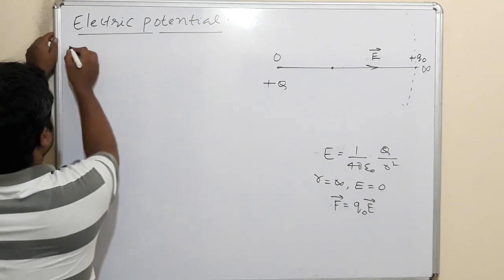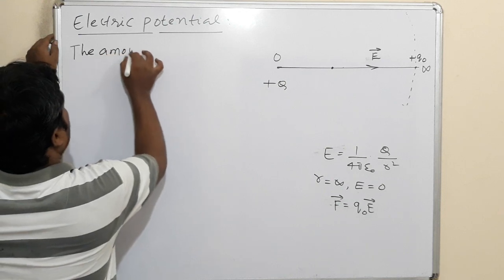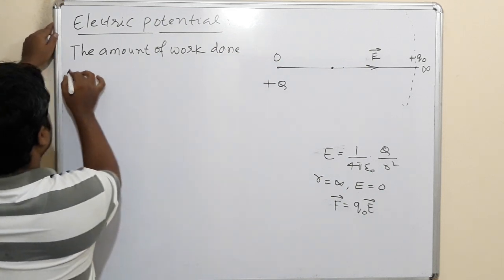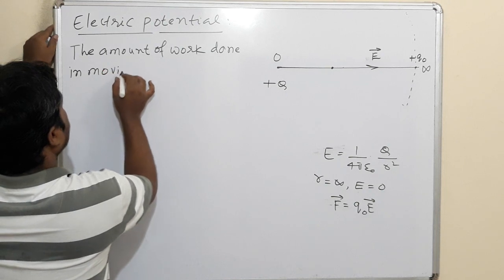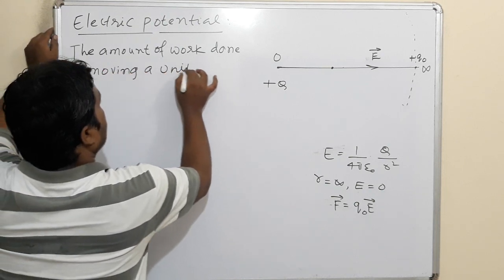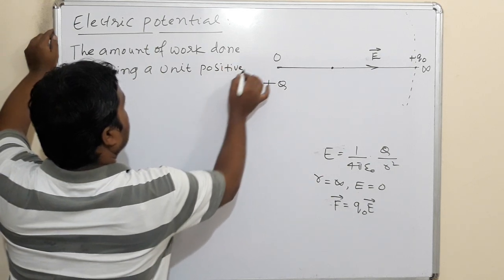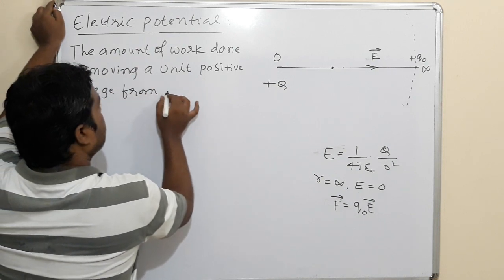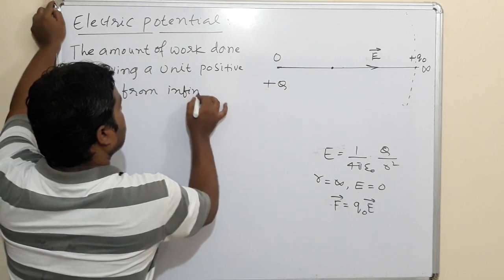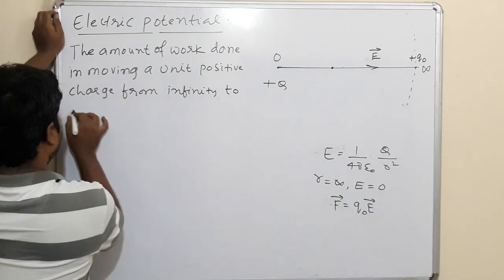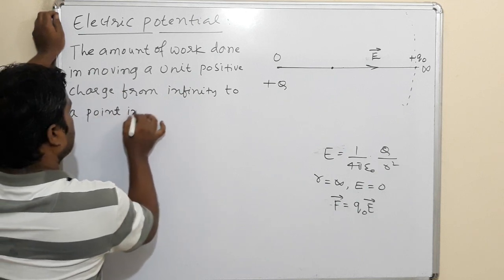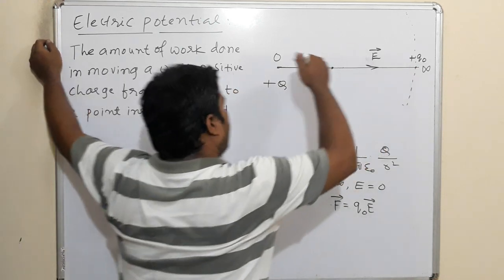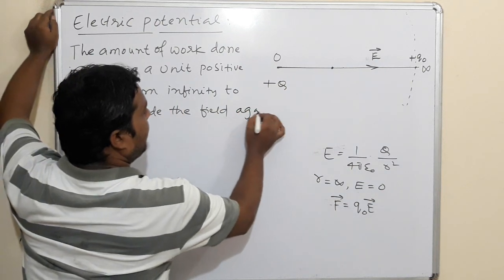So this quantity is defined as the amount of work done in moving a unit positive charge, a test charge, from infinity to any point inside the field, against the direction of the field.